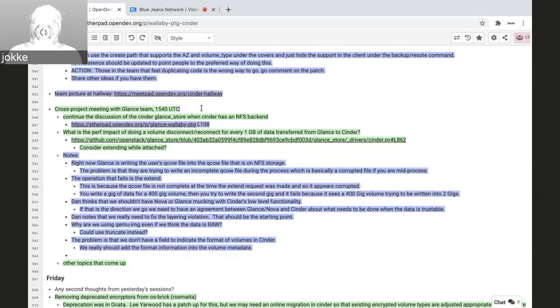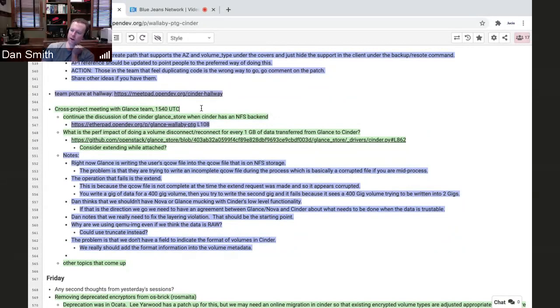No, that's okay, but I feel like we could get ourselves out of this by making sure that everybody is using Brick for getting access to the volume, and then Brick is able to know whether this is a properly double wrapped or improperly legacy single wrapped thing, and either trigger a conversion when the time arises, or know whether it needs to be double unwrapped or single unwrapped, and have Glance and Nova both not use the direct native thing if that's what we're going to do.